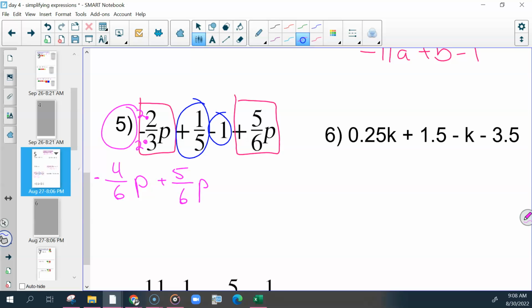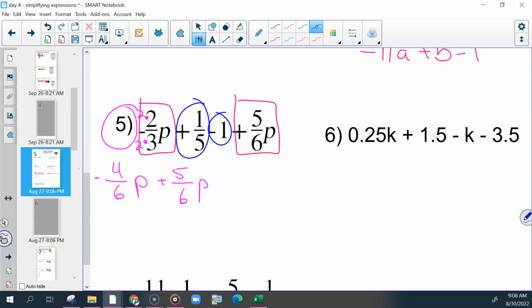Let's also do the same thing for our 1/5 and our -1. We need to have a common denominator of 5. So all of your whole numbers, every single number up here, I think I said this before, are really fractions.